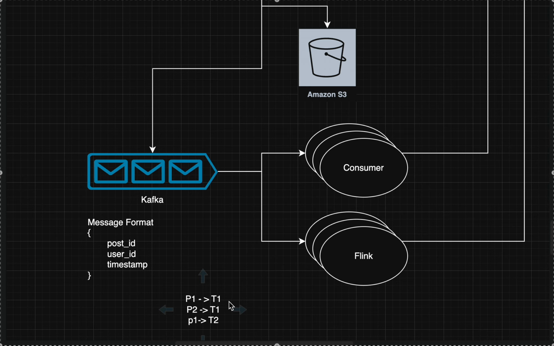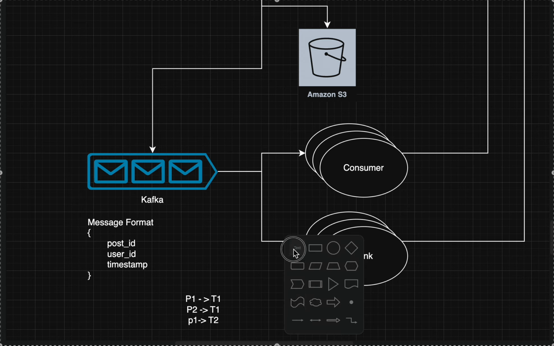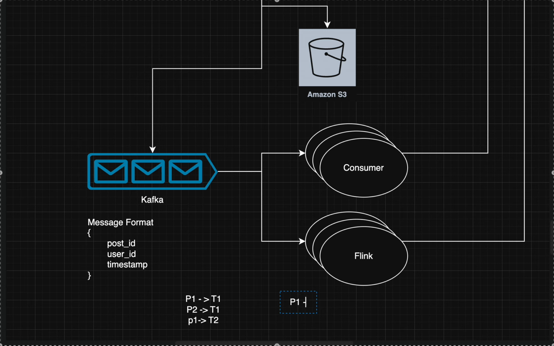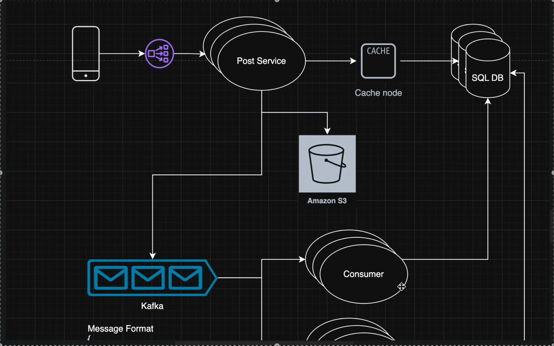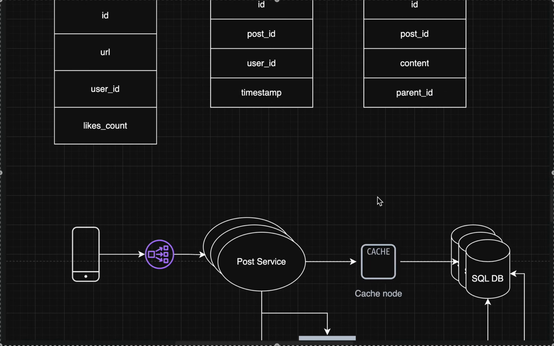For post 1 it becomes 1, for post 2 it becomes 1, and post 1 comes again, so it becomes 2. Now it has done its batch processing. It will simply go to the DB and increment the value of likes.